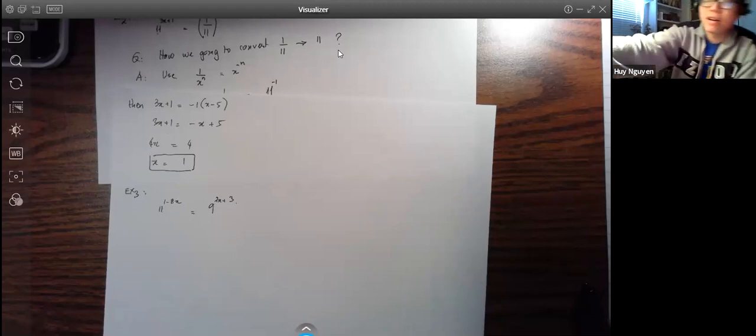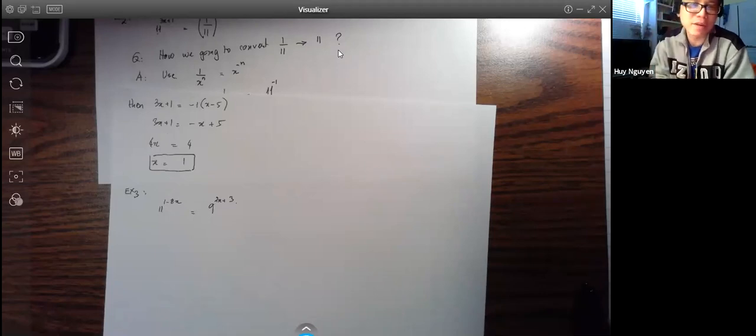That would be very hard. 11 to 9. Okay. There's no way we can bring 11 to 9. There's no way we can convert 9 to 11 either. It means the first method, equivalence property, is not the option.